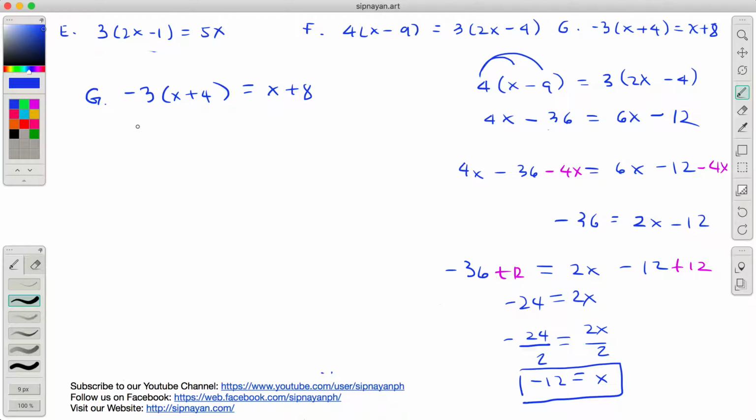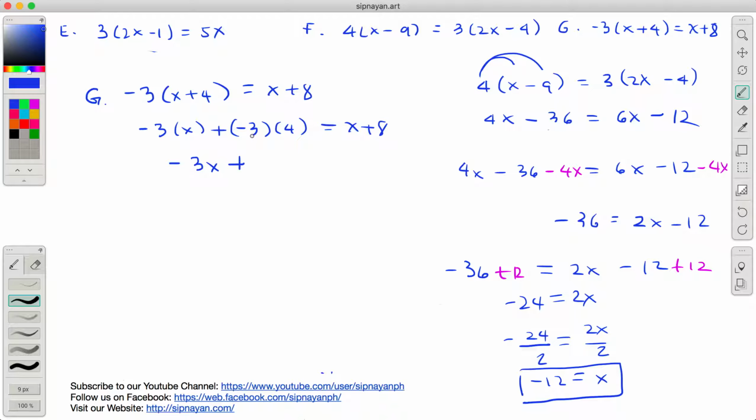And then distribute negative 3. Negative 3 times x plus negative 3 times 4. So nakikita nyo, negative 3 times x, tapos yung plus ko, ito yan. And then I distribute again, negative 3 times 4. This is equal to x plus 8. And negative 3 times x is just negative 3x.